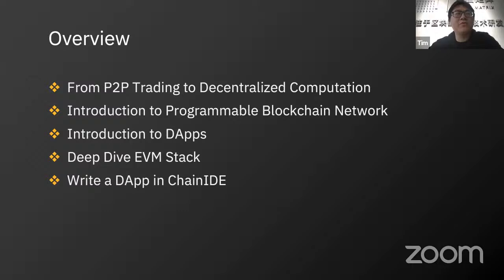The fifth one is how to write a decentralized app in ChainIDE. The first two chapters cover how we go from a P2P trading network into a programmable blockchain network, and the last 3 chapters are more about the technical details and how to write a DApp in ChainIDE.